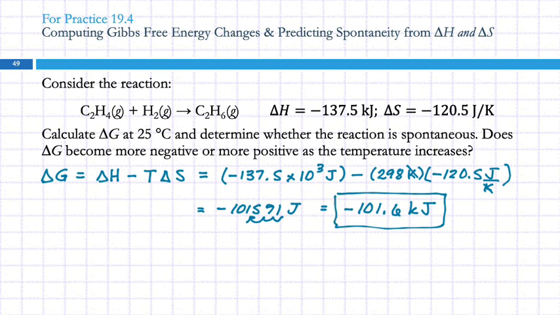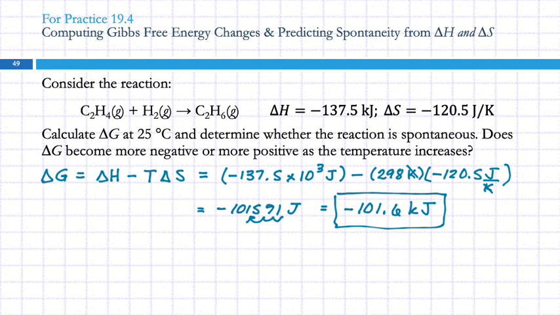Is it spontaneous? Yeah, it is. It gets a little confusing because delta S being negative says it's not going to be spontaneous, but delta G being negative says it is. How do we keep track of that?